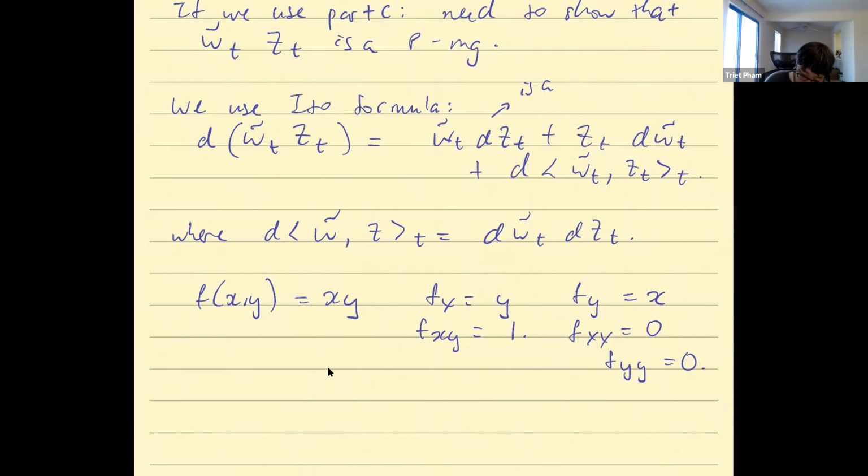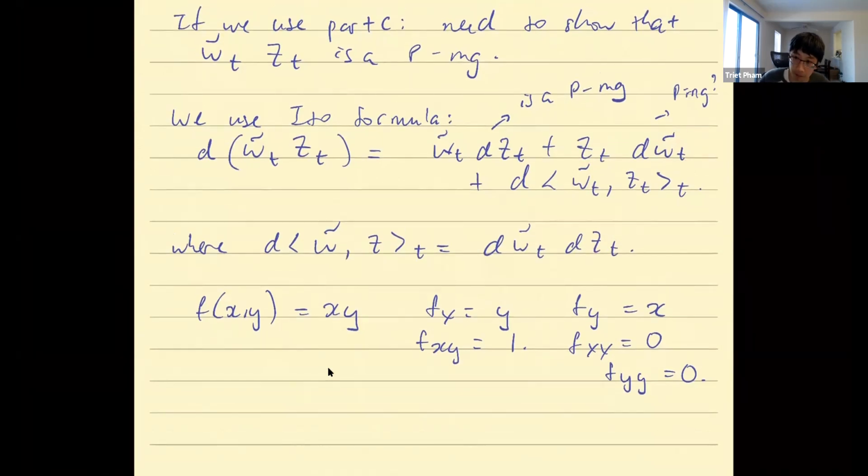It's a P martingale. Is this a P martingale? Is this part a P martingale?